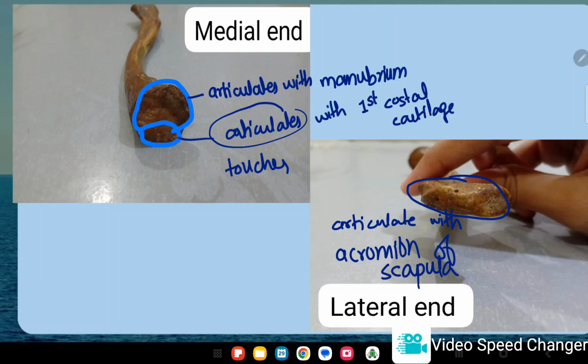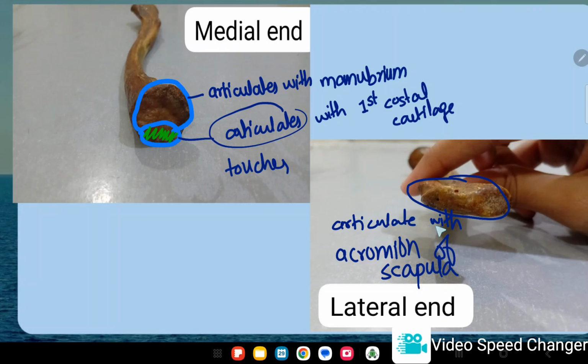There is a small inferior part of the medial end that touches the costal cartilage of the first rib. I won't say that it articulates with the first rib. In some books it is written that it articulates to a lesser extent with the costal cartilage of the first rib, but I would say that it does touch it. It does not articulate. And the lateral end is flat and small.